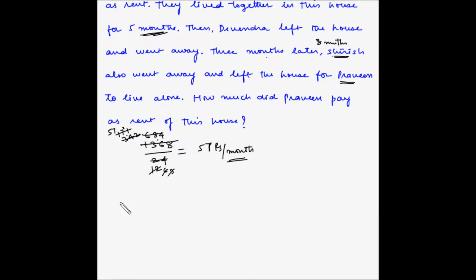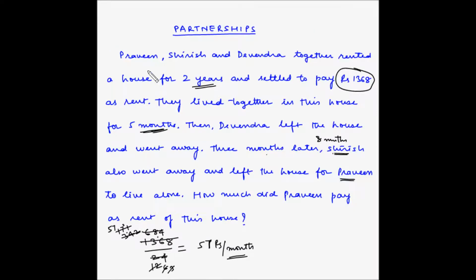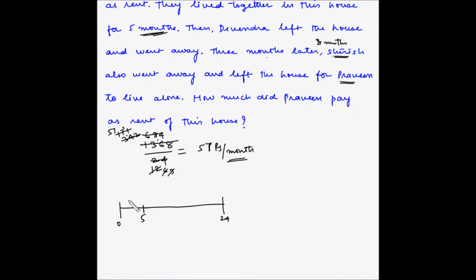So now out of the 24 months, let's say this is 24 months, this is 0 months. The first 5 months, Praveen, Shirish and Devendra, all the three lived in the house.